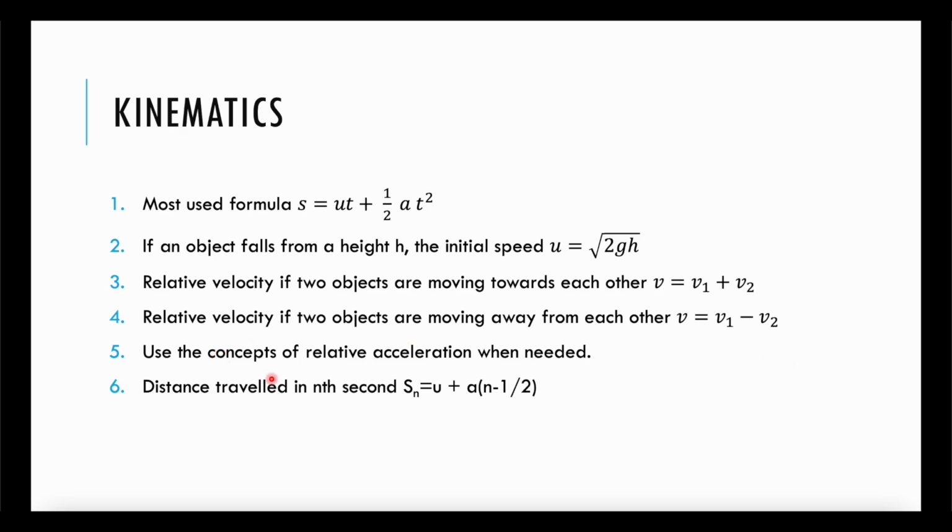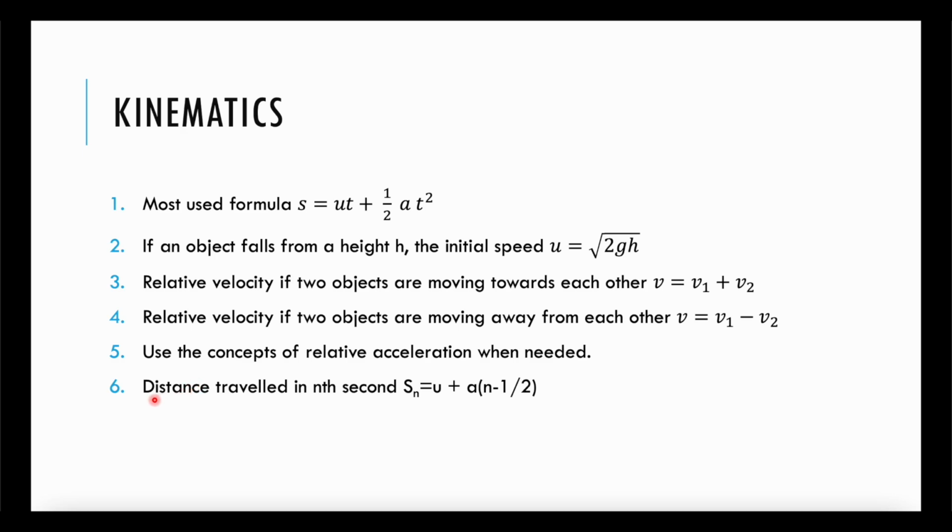In some cases it is better to use the relative acceleration formula. As I have solved a problem of shift 2, there was a mass on a truck, and in that problem we used the method of relative acceleration, so you can revisit the formula, and sometimes it is very useful.